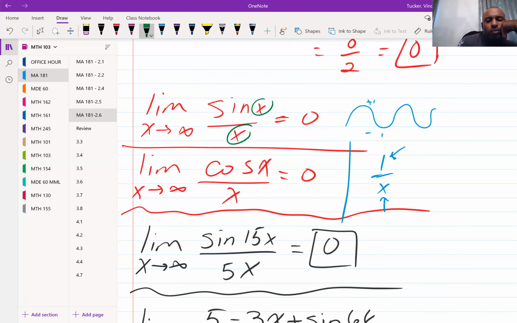I think that should be a 1 right here. Matter of fact, let me check to make sure I didn't miss something in the text as far as the example is concerned.